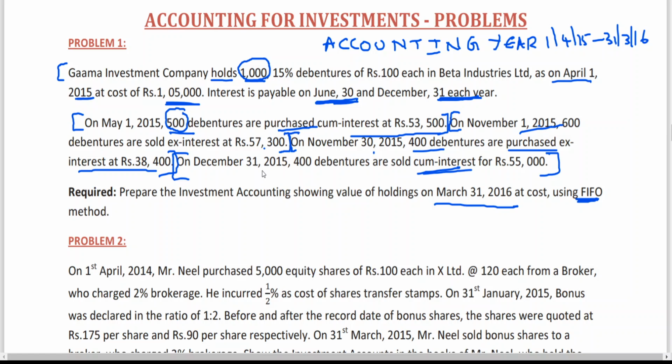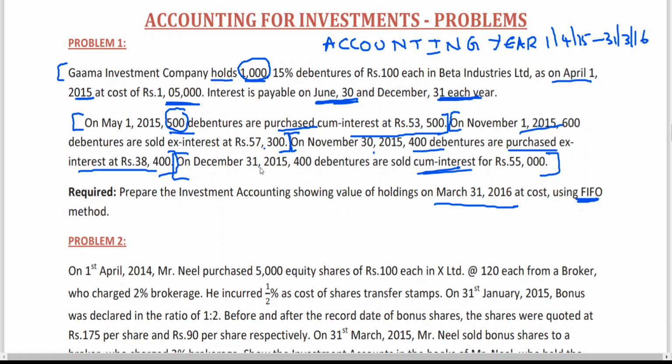When has this been sold? 31st December 2015. Now here I wish to make a statement. The date on which you are selling, is this clear?